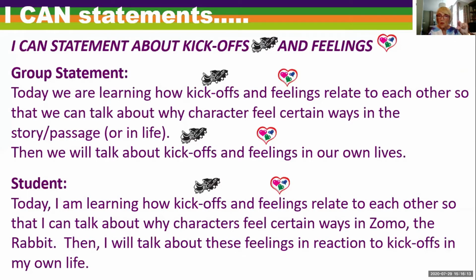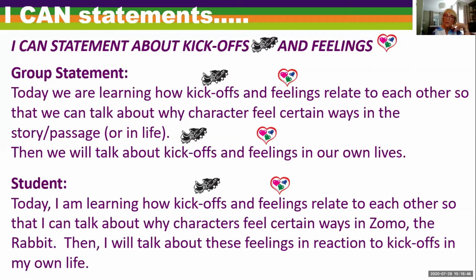But with this boy, we want to work on kickoffs and feelings, and we want to work on thought bubble, because we want to really pull in the critical thinking triangle. So to talk to a group about what they're going to learn, to make it visible to them: today we're learning how kickoffs and feelings relate to each other, so that we can talk about why characters feel certain ways in the story or in life.